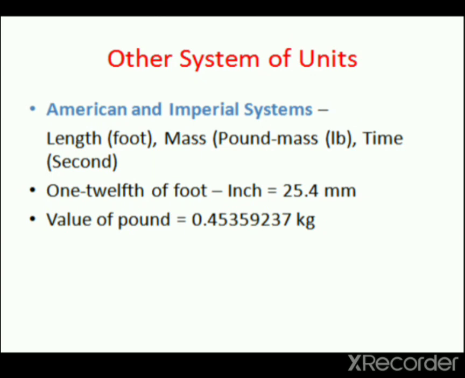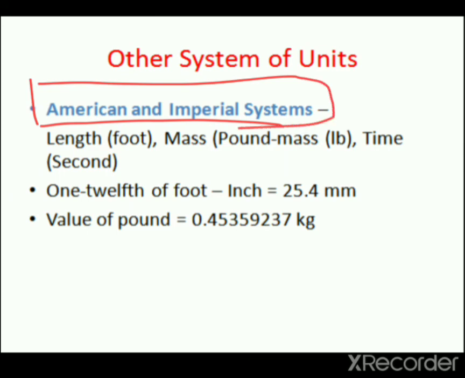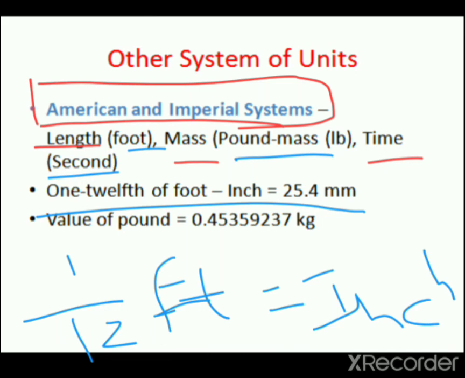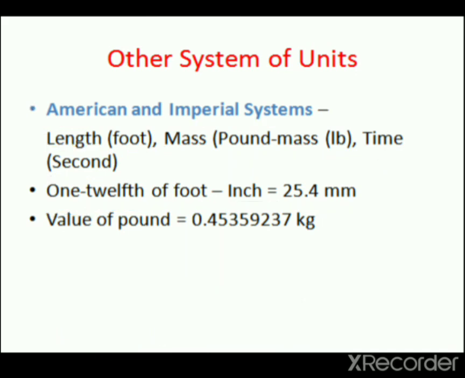The last point is other systems of units. The traditional English language system of measurements, that is the American and imperial systems, uses the fundamental mechanical units for length, mass and time as foot, pound mass and seconds respectively. 1/12 of a foot is defined as an inch, and the value of 1 inch is exactly 25.4 mm.